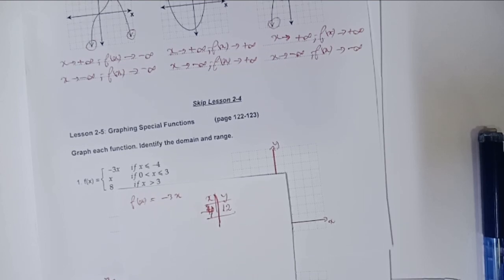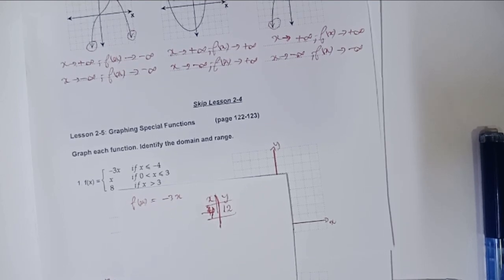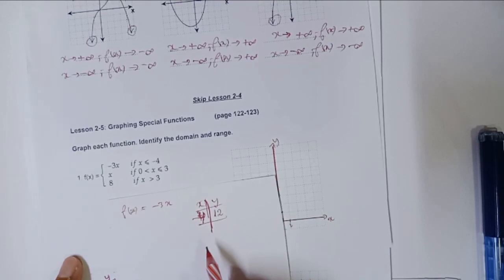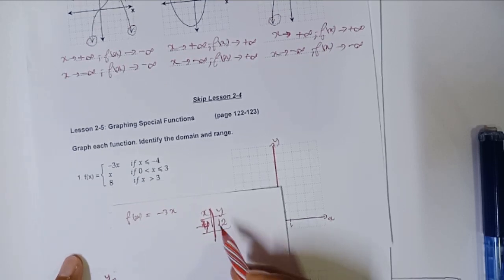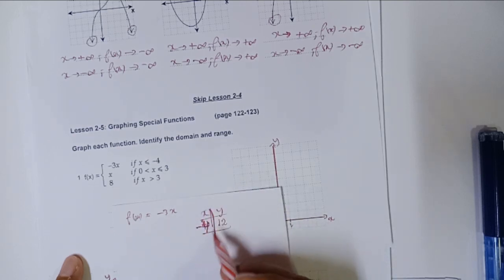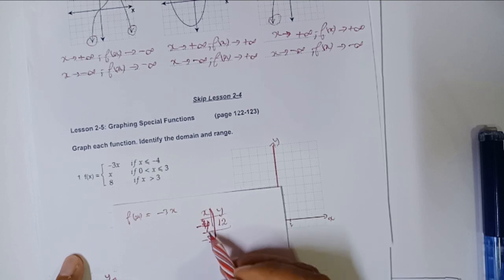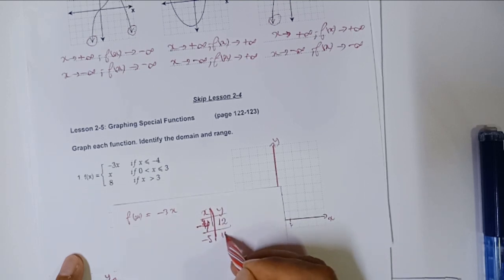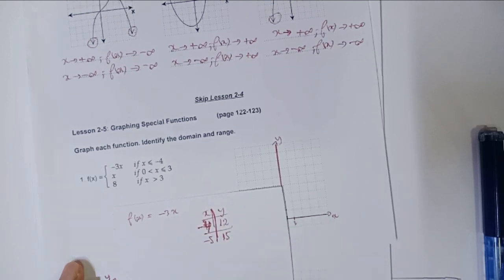That's one point, (-4, 12). And then one more point so that we can graph this. When x is negative 5, negative 5 times negative 3 gives us 15.